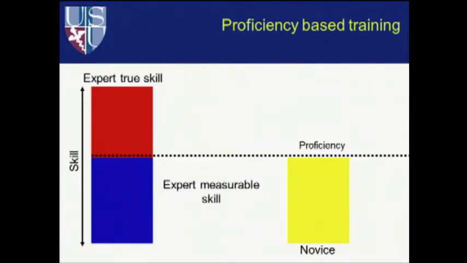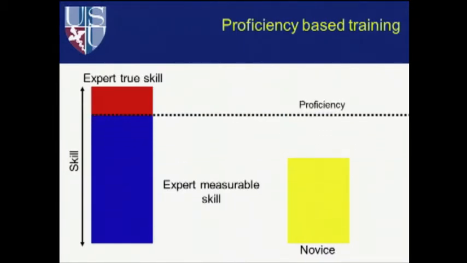And one of the additional beauties to this is as the fidelity of the simulators improves and you can measure more and more of that expert's true skill, your proficiency level changes, but the concept is still the same. If you're having the trainees train to the level of the experts on the platform, then you're not wasting time and you're not getting variability in the product that comes out of that training program.